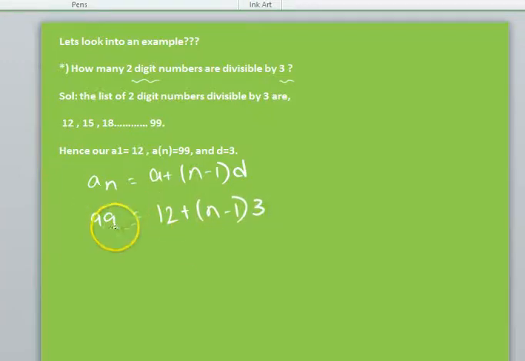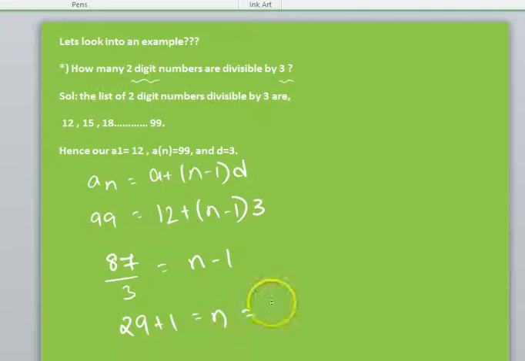So 99 minus 12 gives me 87, divided by 3 is equal to n minus 1. So 87 divided by 3 gives me 29, plus 1 is equal to n, where my n is equal to 30. So I have 30 terms. You could do it for the three-digit numbers also, which are divisible by 3.